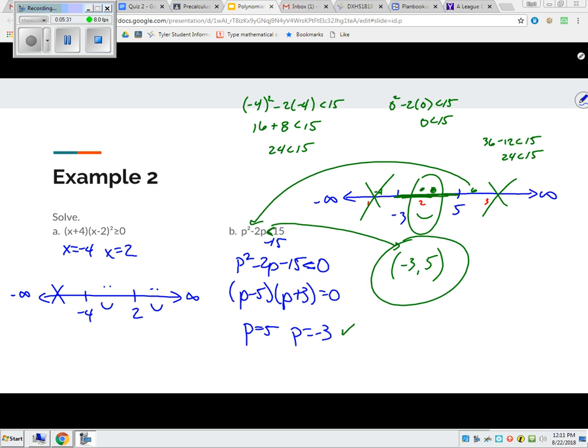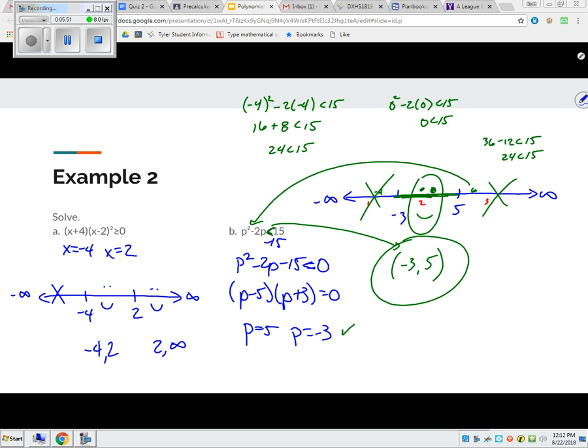Now my answer is going to be a little bit different this time. For right now, let's just write down both of these regions where they worked. Now I accidentally put a parenthesis there. Let me erase that real quick. The -4 to 2, what's going to happen on it?